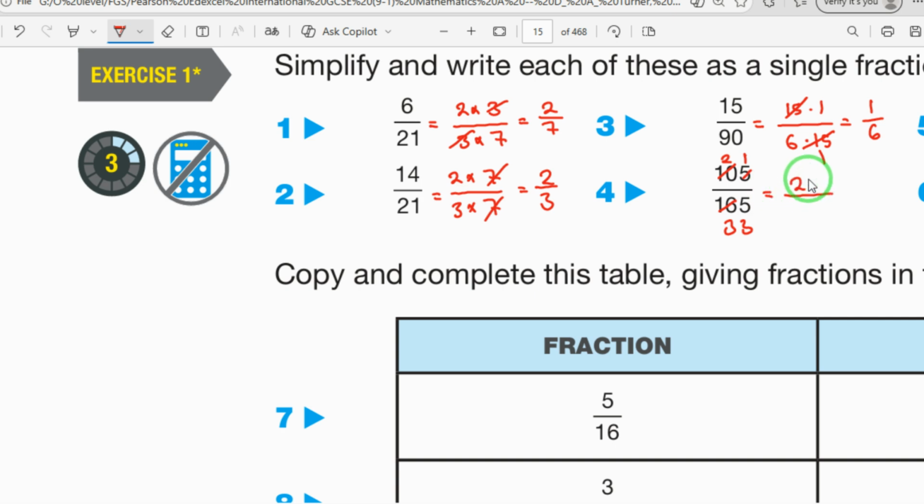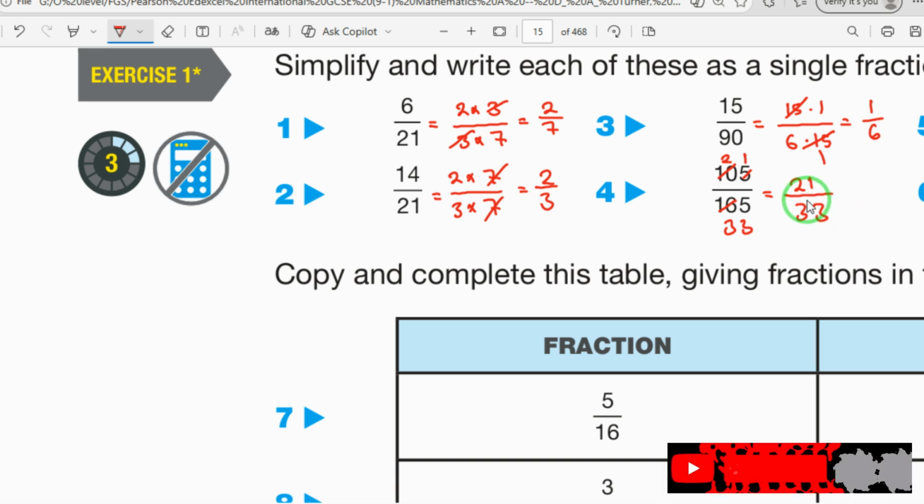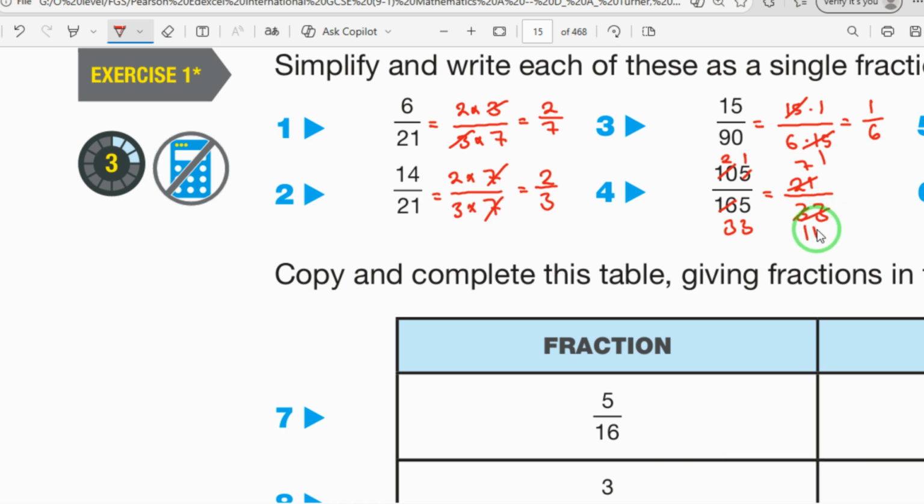Now we have 21 over 33. Also we can simplify, and we go ahead. We can write 7 times 3 is 21, and 11 times 3 is 33. So the final answer is 7 over 11.